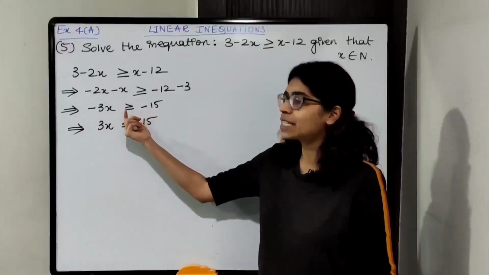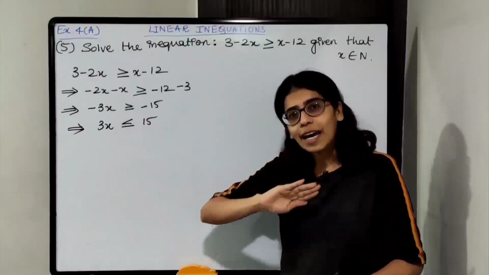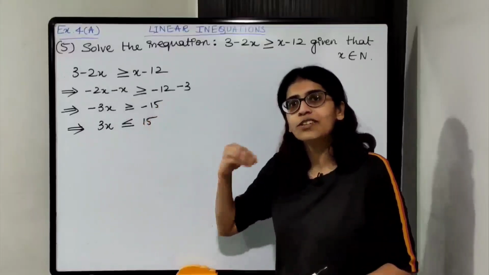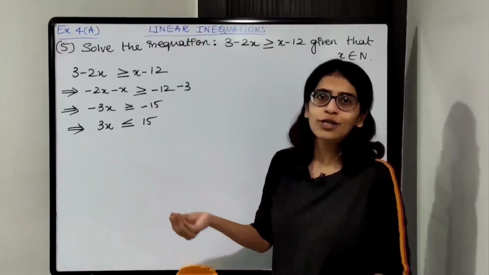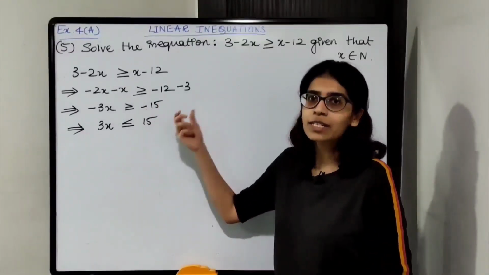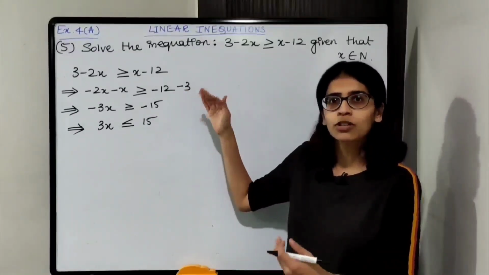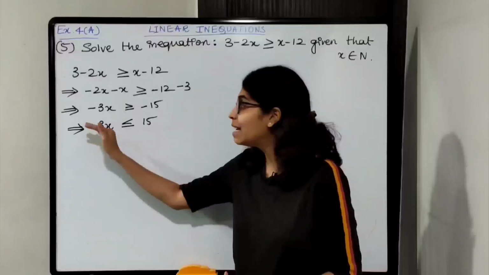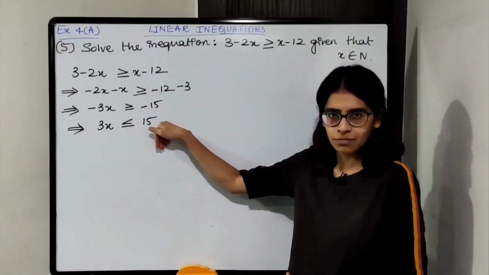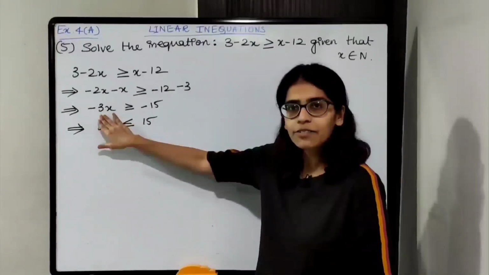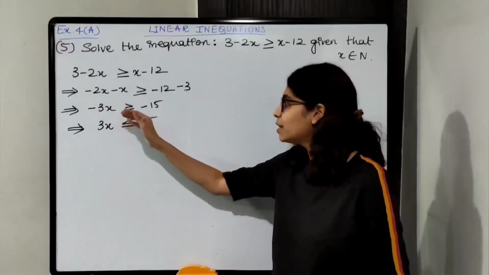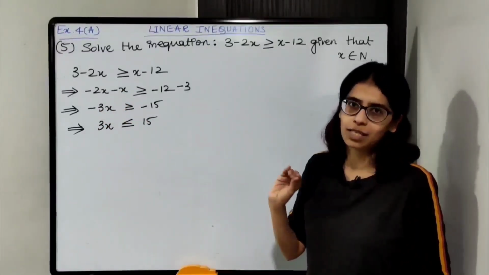So to avoid any confusion, पहले sign change कर लो, positive बना दो. x को positive बना दो. On the other side, whatever is the sign, it will change accordingly. Negative होगा तो positive होगा, positive होगा तो negative हो जाएगा. So after changing the sign, then shift the number. अगर x negative है तो पहले उसका sign change कर लो, positive कर लो, and then shift the number on the other side.